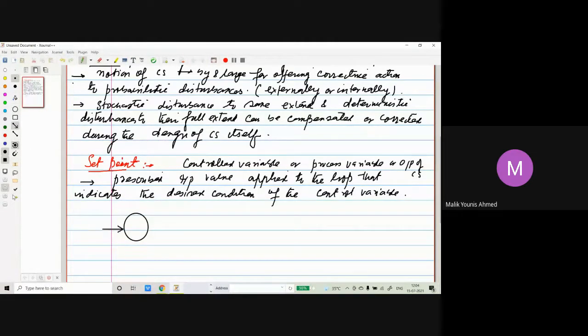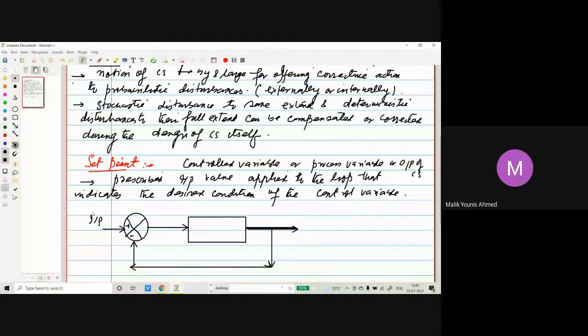Now, let us say I have a small control system. Let us say this is my input going to any general control system.